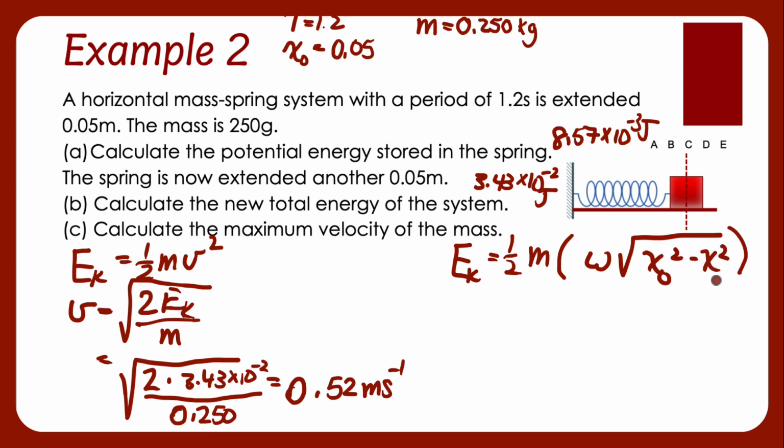So if this is v, there is v squared. If I expand this out, I have 1/2 m omega squared, and then I just have x naught squared minus x squared. And if you remember from example number 1, this is just total energy minus the potential energy. So it still all works out.